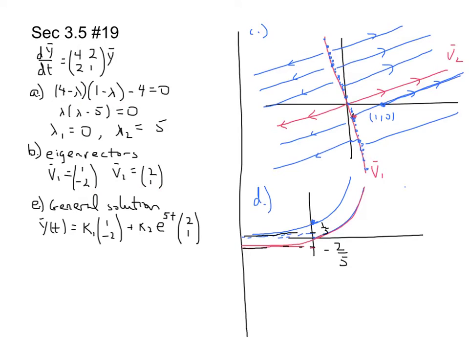If I find the intersection of the line passing through (1, 0) with a slope of 1/2, intersecting the line passing through the origin with a slope of -2, I see that they intersect at the point x is 1/5 and y is negative 2/5. And you'll see, as I will now write out the particular solution in part F.